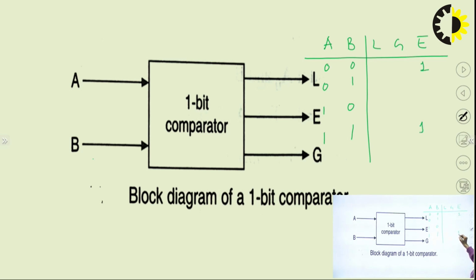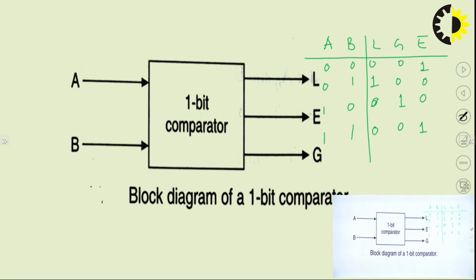If A is less than B, then this will be high. If it is 1, 0, A is greater than B, and this will be high. This is how the table goes. 0, 0, 0, 1, 1, 0 and 1, 1 are the four cases for which we have defined our truth table.